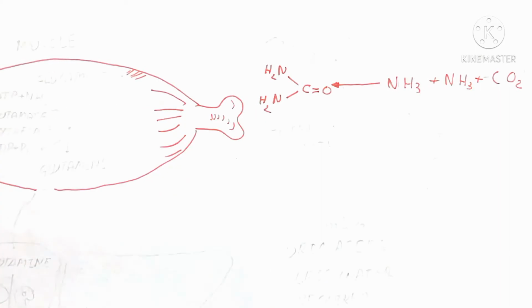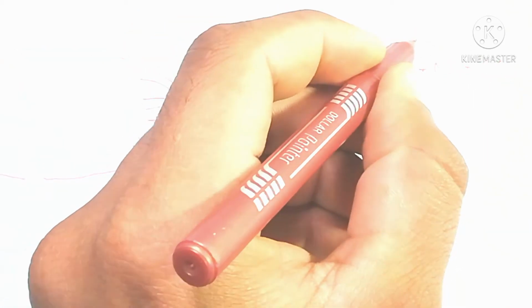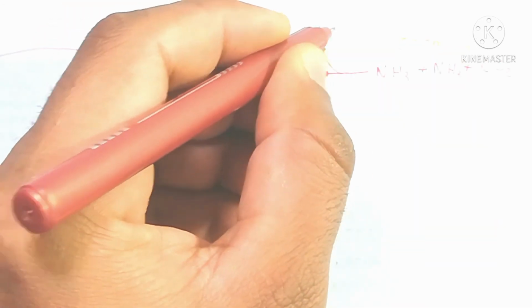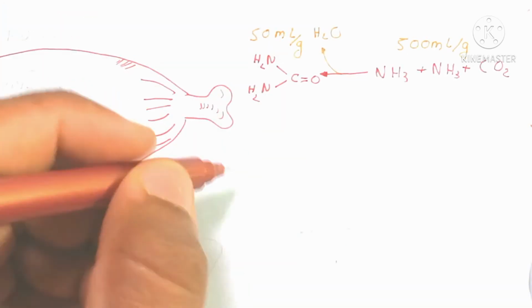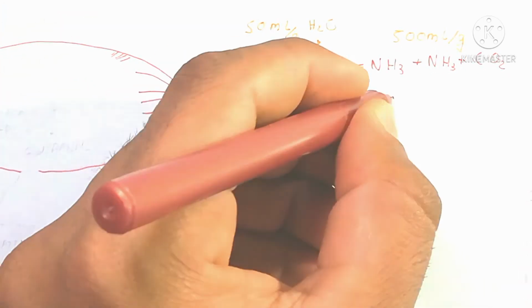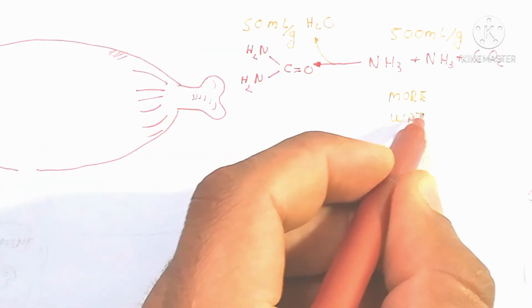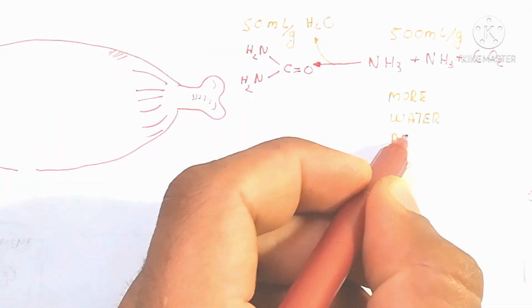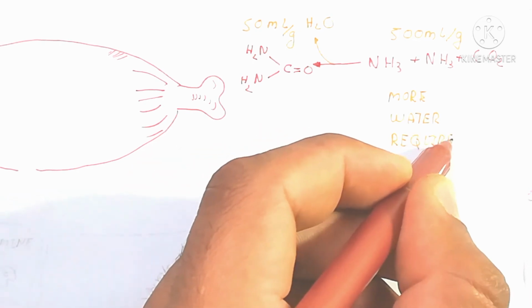First of all, I want to say that carbon dioxide and two ammonia molecules will produce urea. Why? Because 500 ml per gram of water is required for urea excretion.